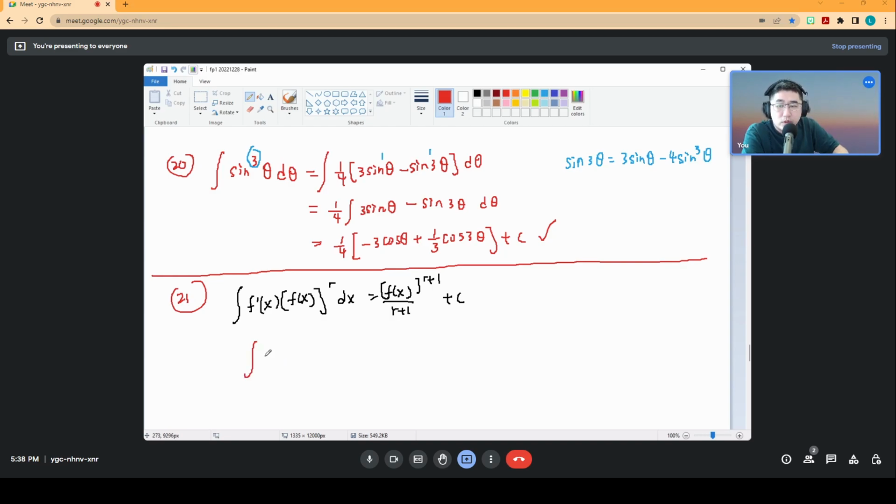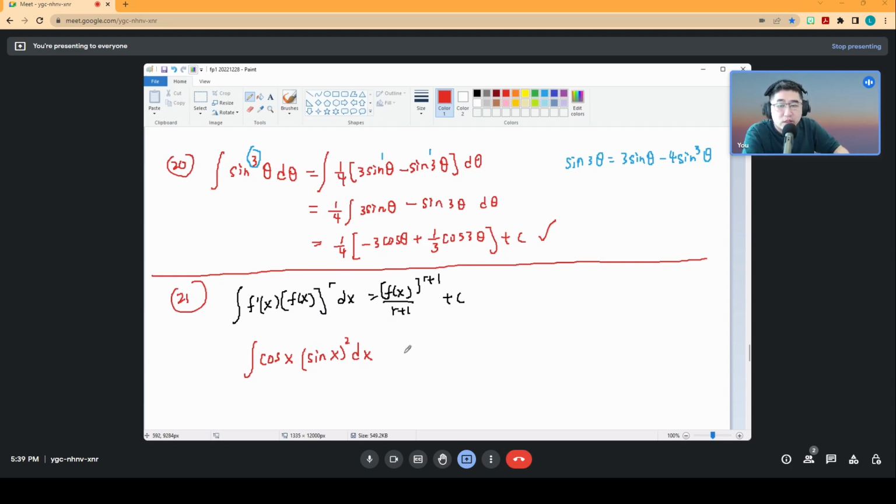Let's say I give you another trigo question: cos x times sine squared x. Of course, when students look at this for the first time, maybe they will think it relates to section C, which is trigo rules. But in fact, this is using rule 21, because over here the cos x happens to be the differentiation of sine, and it is to the power 2.